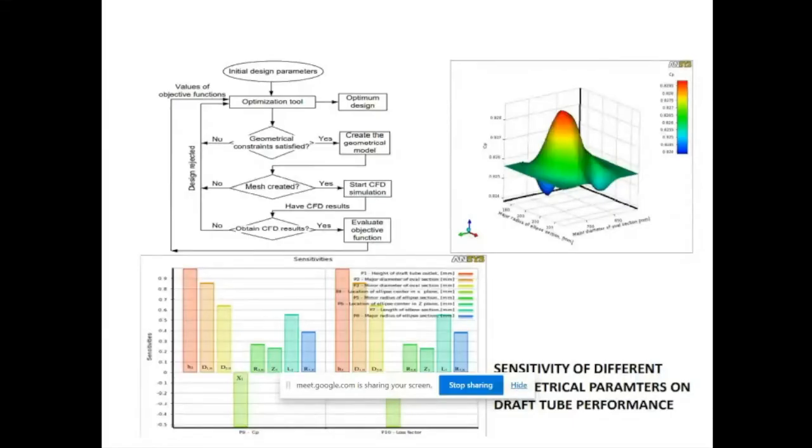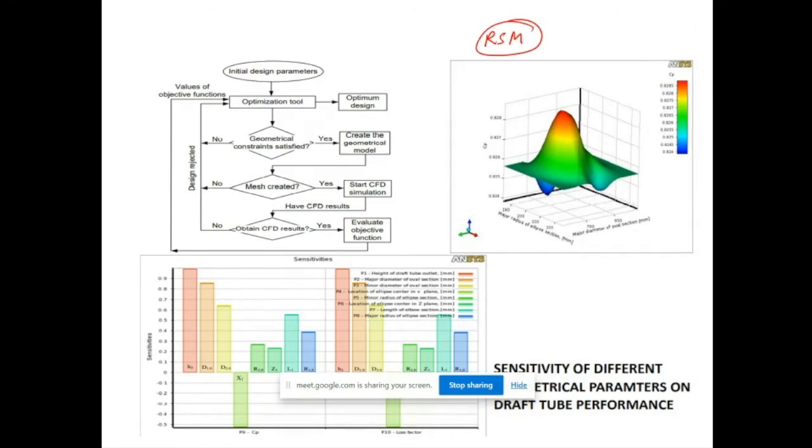These are the two factors which I have focused on, and I redesigned this shape. For this redesigning, I have used the RSM, response surface method, and I have taken into account 8 geometrical parameters relevant to that elbow section.